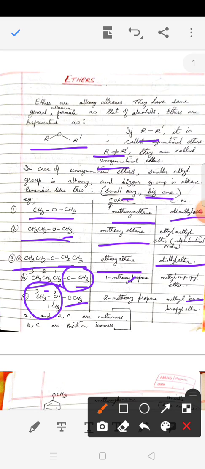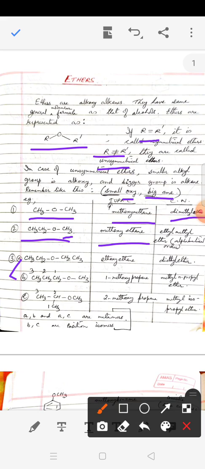Now what is the relationship between the 3 compounds? These two, as you can see, differ in distribution of carbon across the oxygen. Here the distribution is 2-2 and here the distribution is 3-1. Such isomers are called metamers.